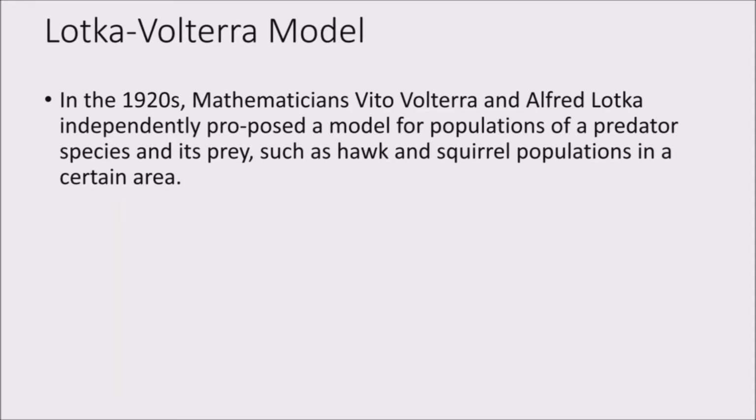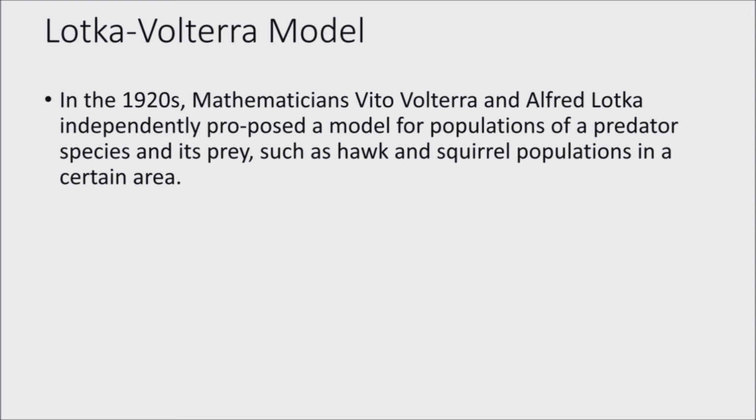So this model is called the Lotka-Volterra model. The mathematicians in the 1920s, Vito Volterra and Alfred Lotka, those are two mathematicians actually. Well, computer science did not exist or anything else.